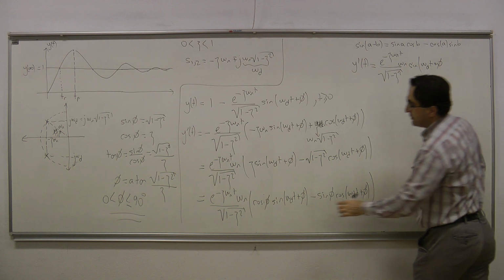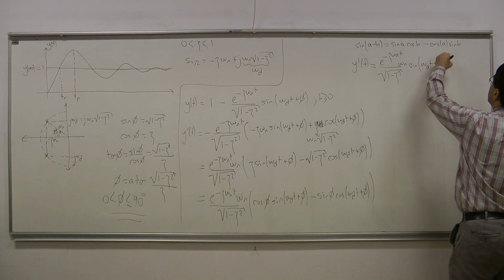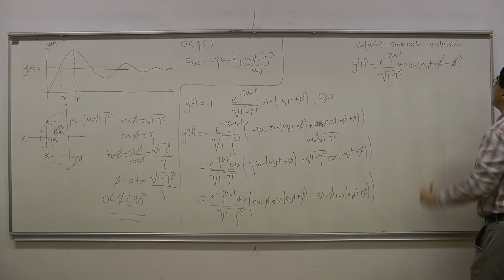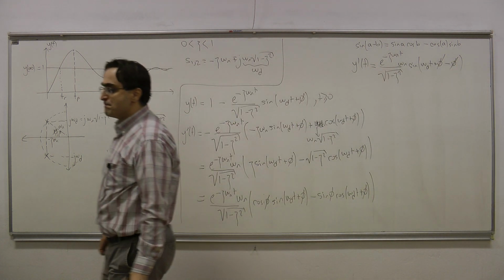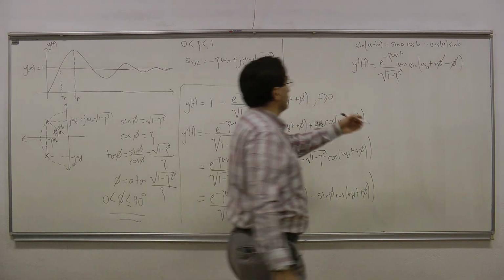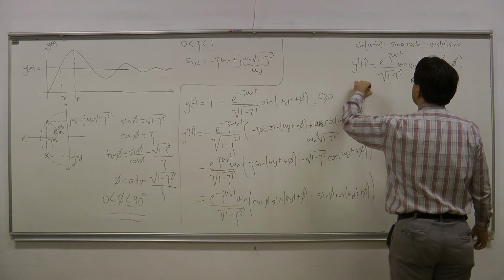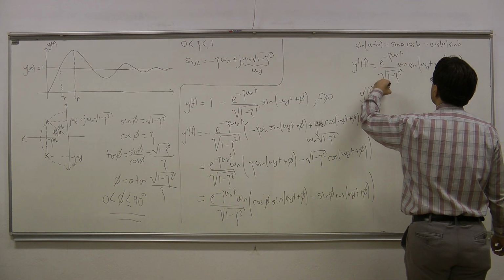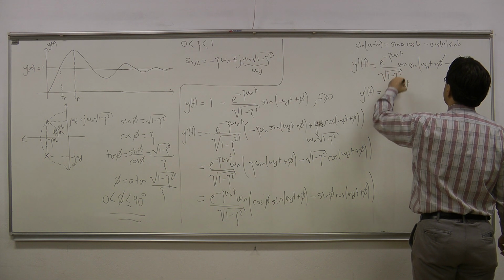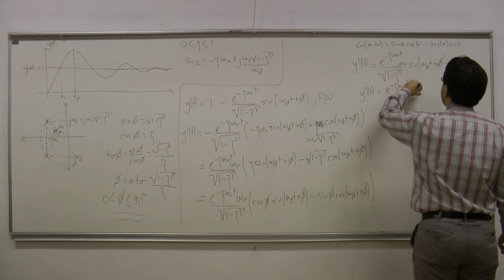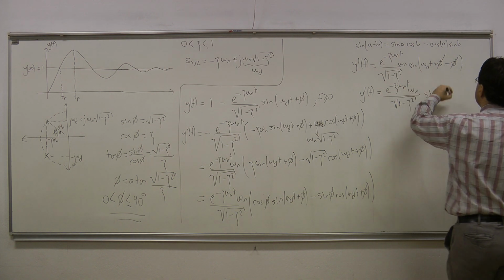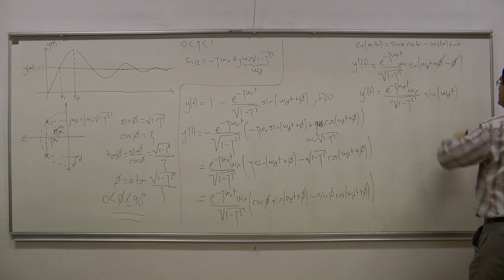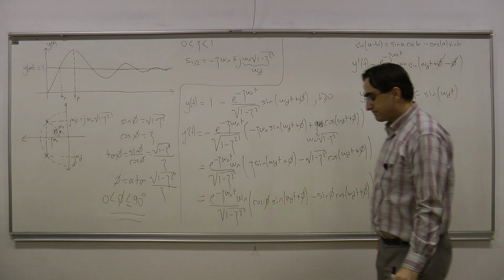And what is the angle B? It is phi. These phi's are canceling each other very conveniently, and then we get the following result: Y prime of t is equal to e to the minus zeta omega n t, omega n over the square root of 1 minus zeta squared, and simply we have sine omega d t.